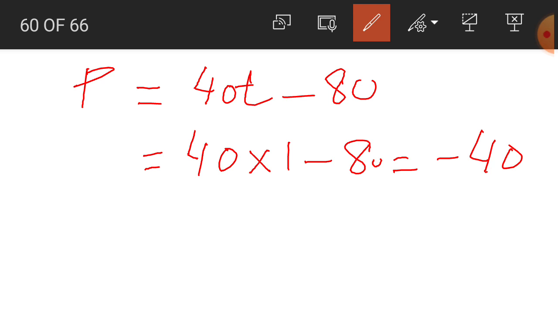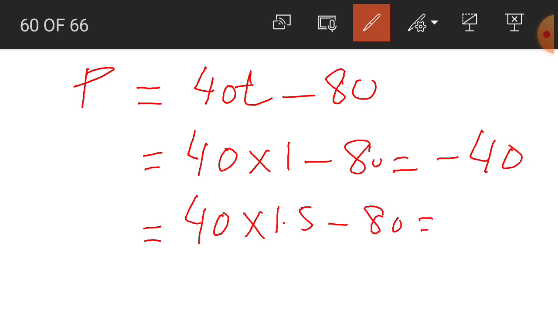Then we calculate this power at time t equal to 1.5. At time t equal to 1.5, this power will be minus 20 watt.